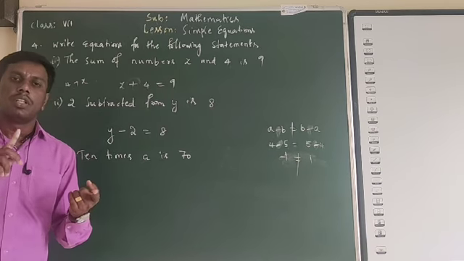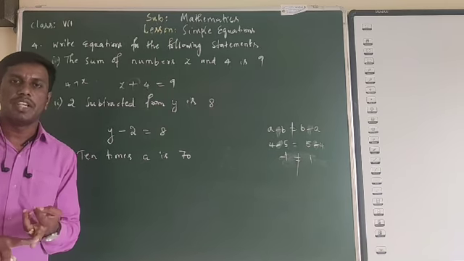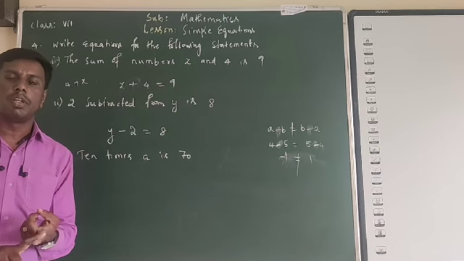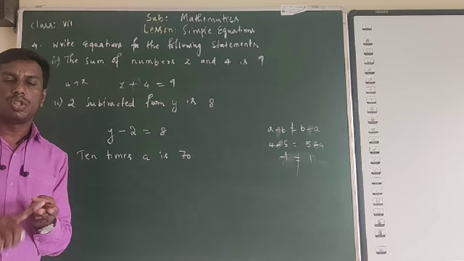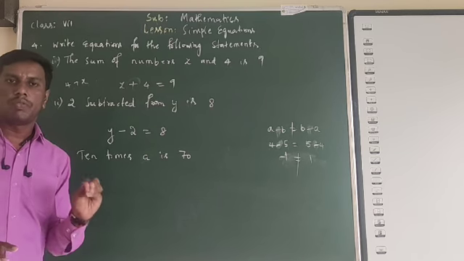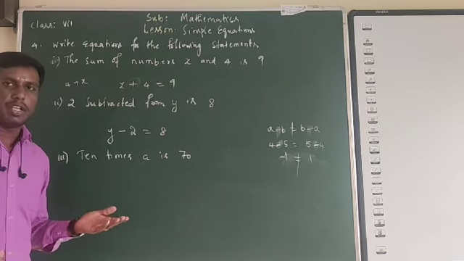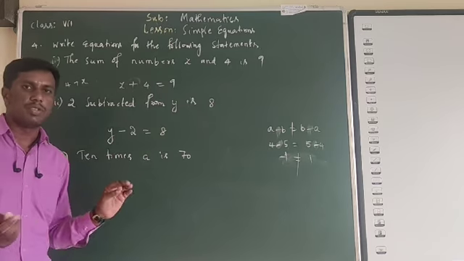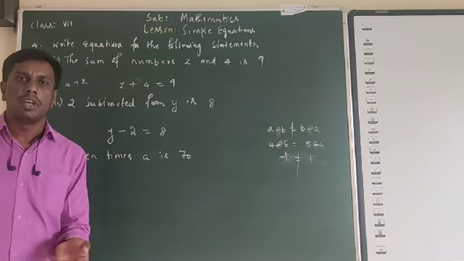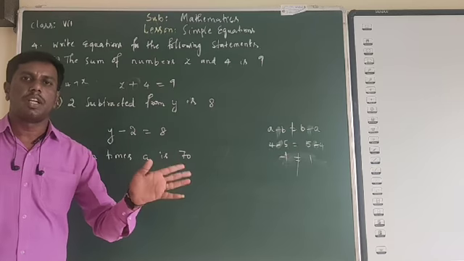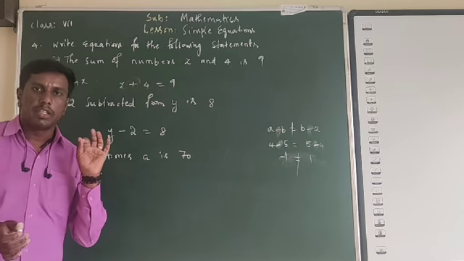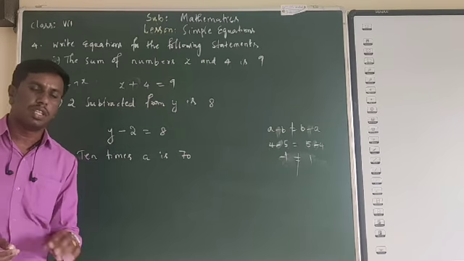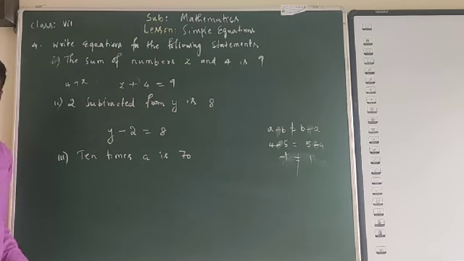Whenever they say twice a number, you should multiply with 2. Thrice a number, you should multiply with 3. Fourth, 4. They will say 4 times, 5 times, 6 times, 7 times, 8 times, and whatever number they say, you should multiply with that number. Here it is 10 times a is 70.